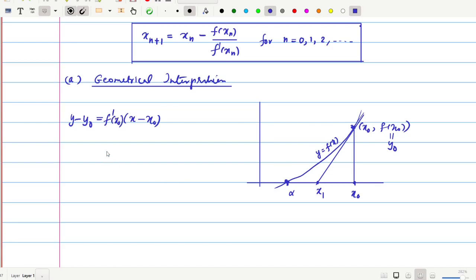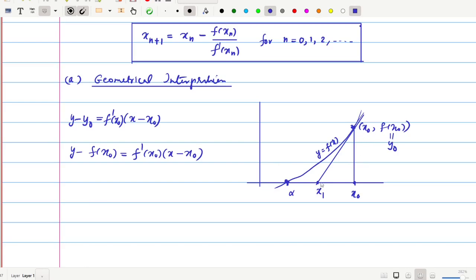Now this y naught is nothing but f of x naught. So y minus f of x naught equals f dash of x naught times x minus x naught. This is in fact the equation of the tangent of the curve y equal to f of x passing through this point x naught, f of x naught.